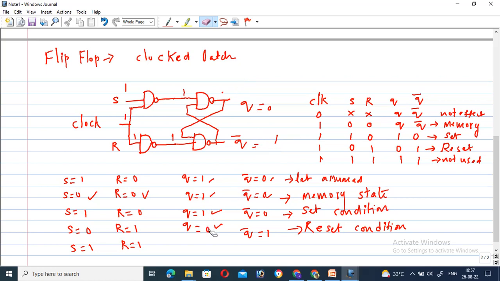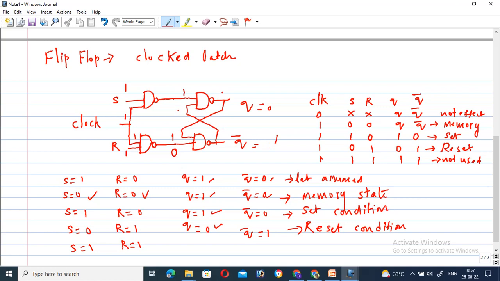Okay, so the previous values are Q is equal to 0, Q bar value 1. So these are the previous values, right? Now S is equal to 1, R is equal to 1. For the 1 1 combination, what happens? This NAND gate output value is equal to, so this is a signal. For a 1 1 combination, the NAND gate produces the value 0. So a 1 0 combination at the NAND gate also produces output 1.